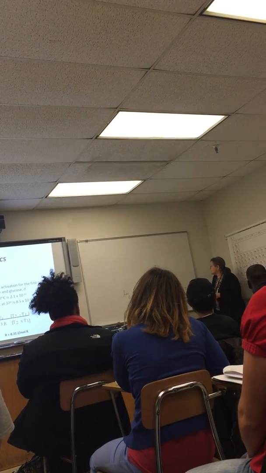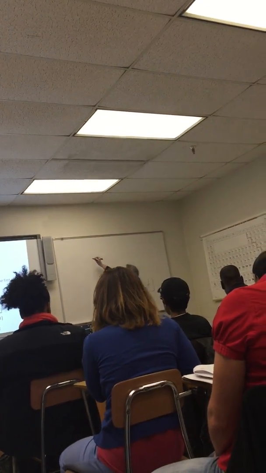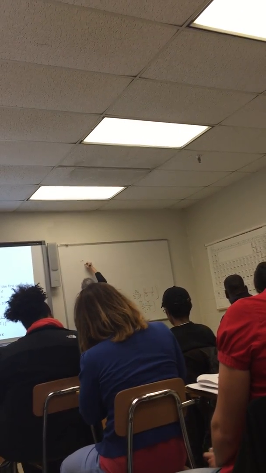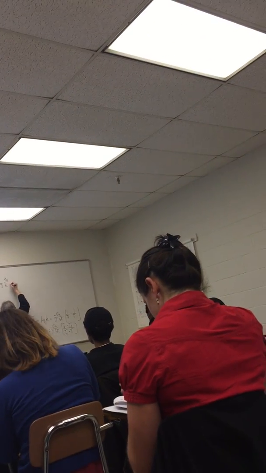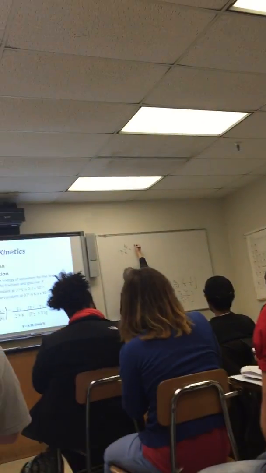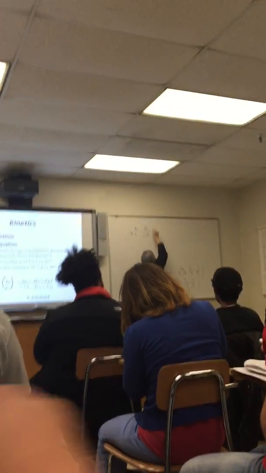No, that was just if you were trying to find a common denominator for that. Okay, I'm erasing all of the extra garbage. So here's our formula. Log of K2 over K1 is equal to energy of activation over 2.3R times T2 minus T1 over T2 times T1.